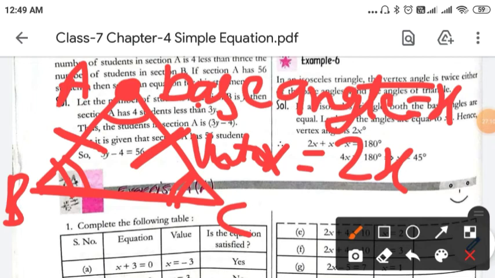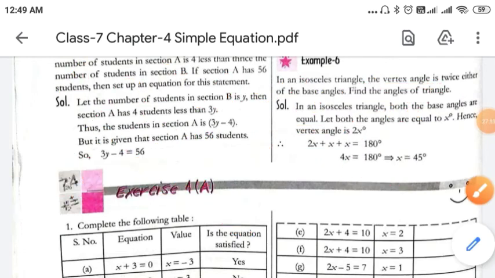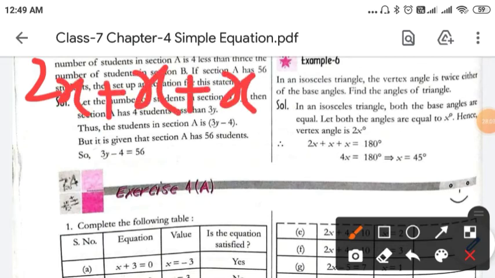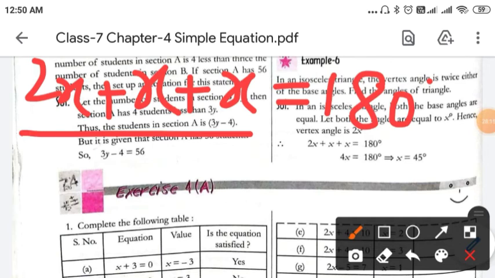So here we assume the base angle is x, and the vertex angle is 2x. By the angle sum property, the sum of all angles equals 180 degrees. So 2x plus x plus x equals 180 degrees.